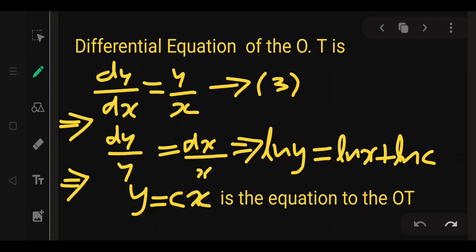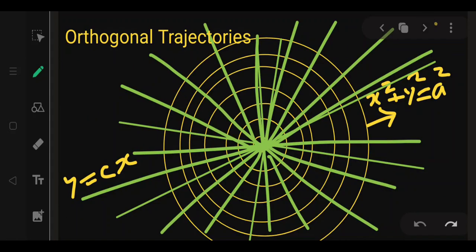Solving this equation, we will get the required equation of the orthogonal trajectory as y is equal to cx, where c is an arbitrary constant. In general, it represents a family of straight lines passing through the origin. Hence, the figure. I hope that you followed this concept and figure.